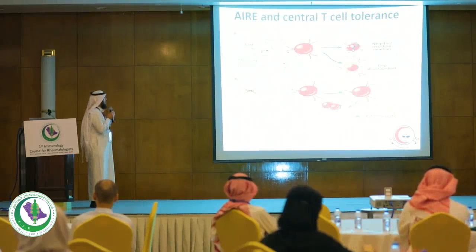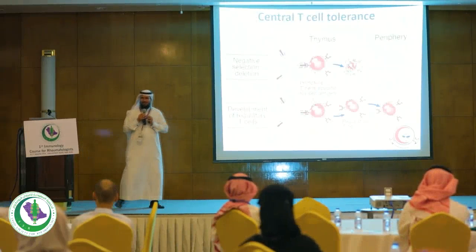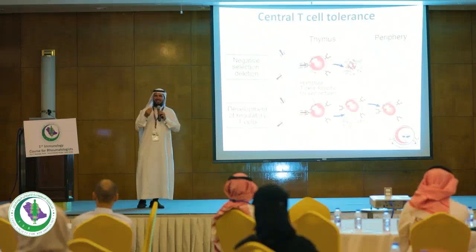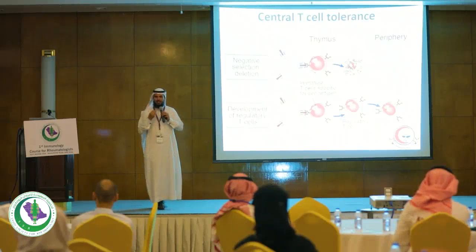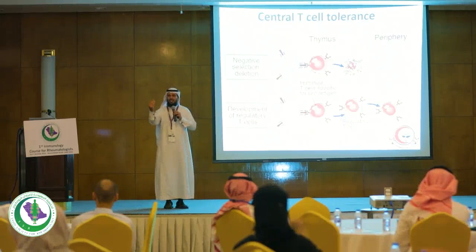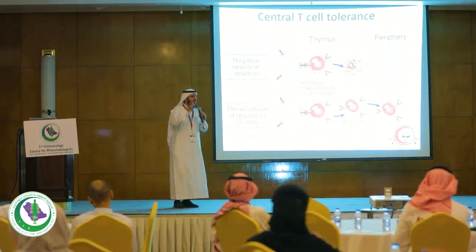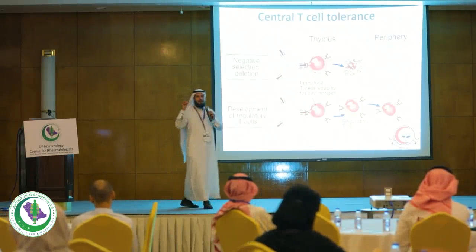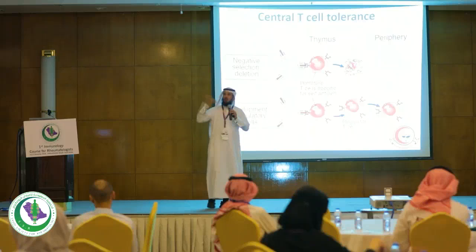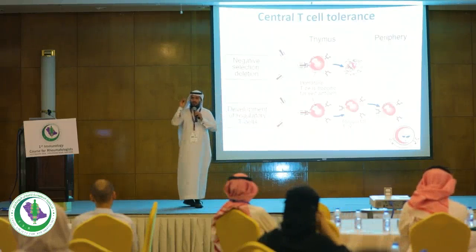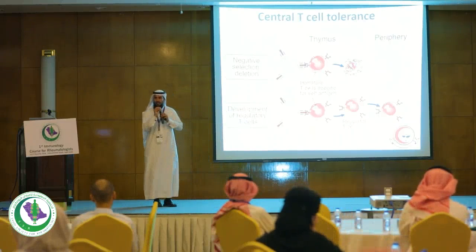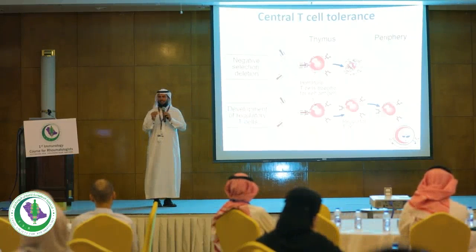Then, the question now, who's telling the thymocyte, the T cells, this is self-antigen? So there is something in the thymus taking a piece from each organ and presenting this piece to the T cells. Who's doing that? The AIRE gene.